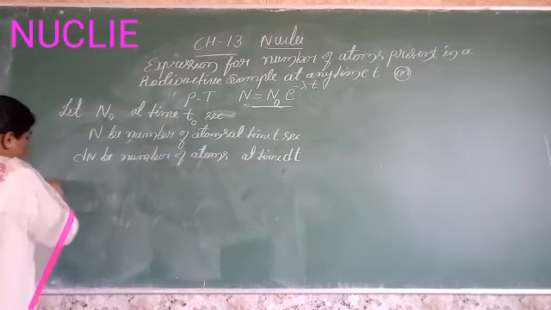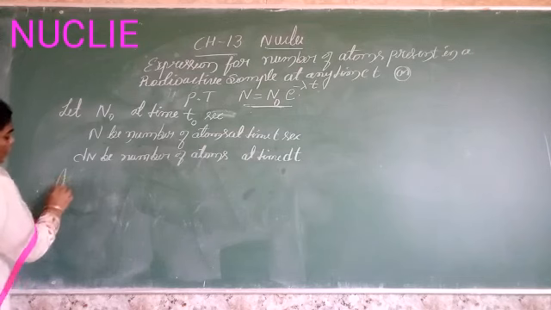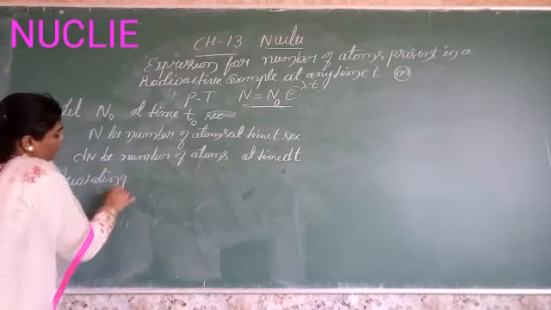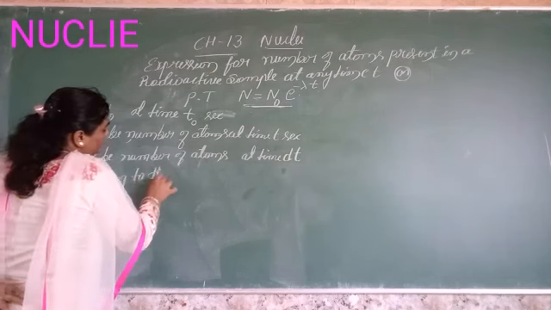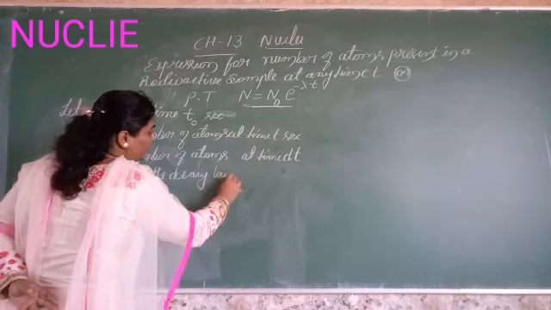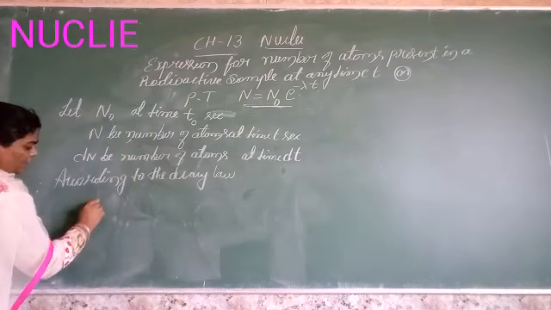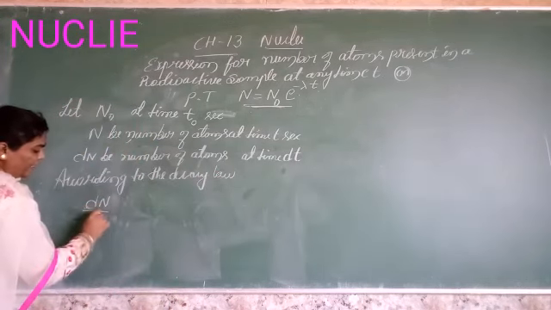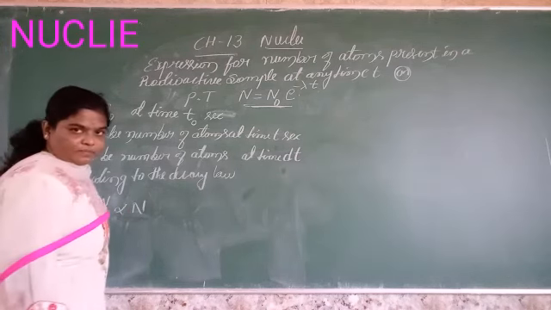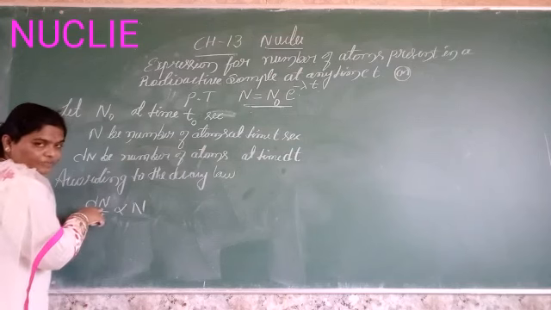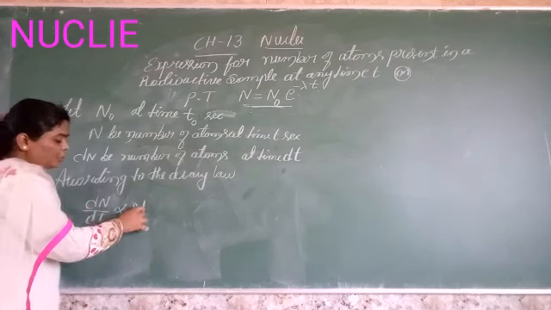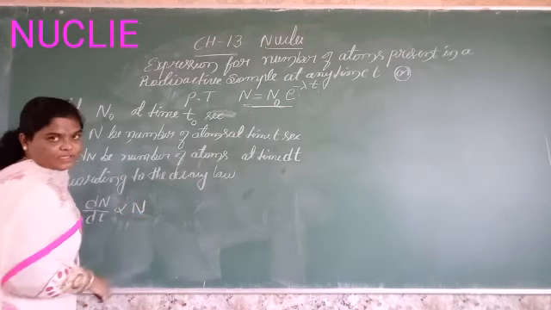So now we know that according to the radioactive decay law, dN by dt is directly proportional to N. The rate of disintegration of the radioactive sample is directly proportional to the number of atoms.